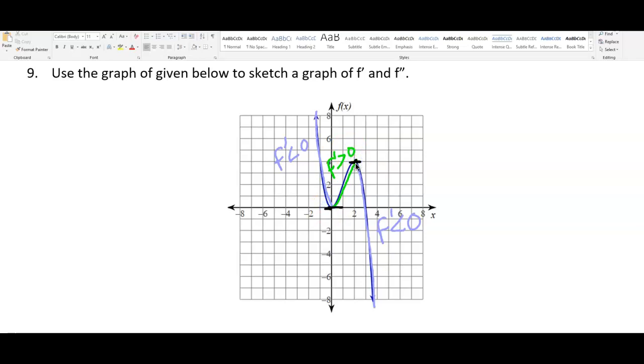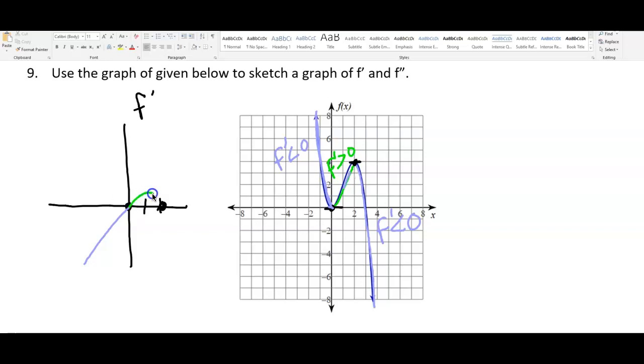Okay? So if I wanted to draw a graph of f prime, how would I do it? I would make sure that my derivative graph equals 0 at 0 and at 2. So we're going to touch the x-axis at 0 and at 2. Now to the left of 0, my derivative should be less than 0. So to the left of 0, it's going to be below. To the right of 0, it's going to be greater than 0.